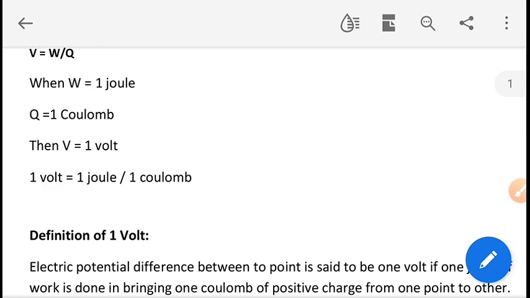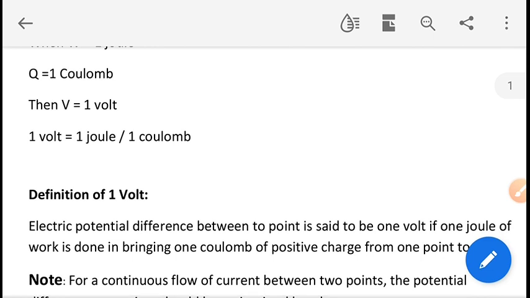As I explained in the previous video for 1 ampere, there are two points.